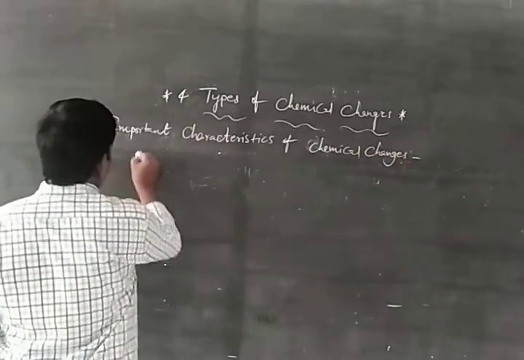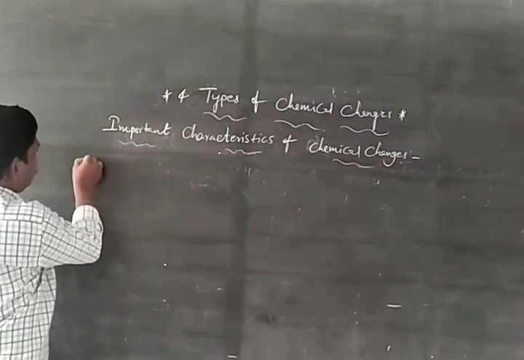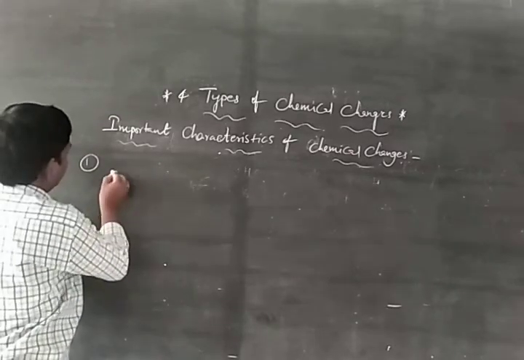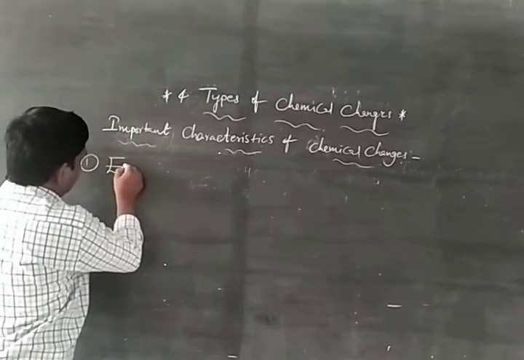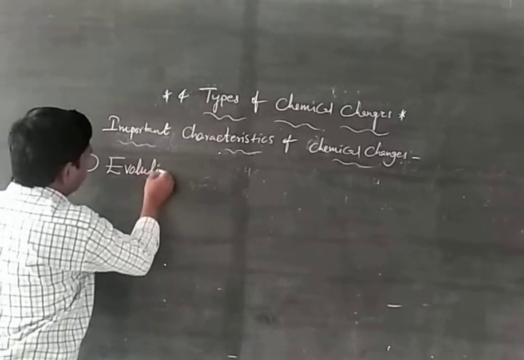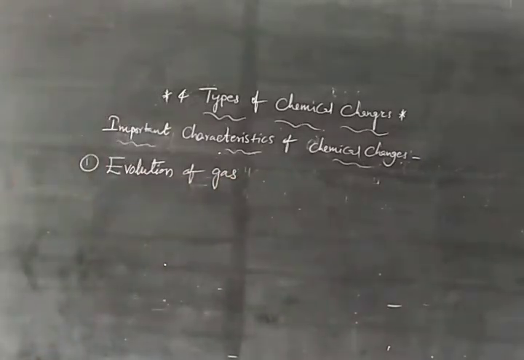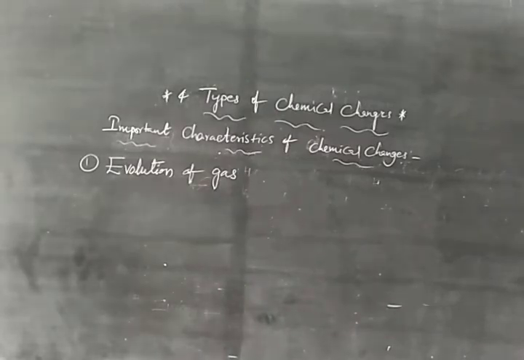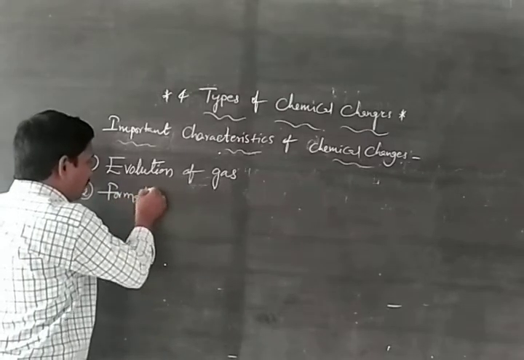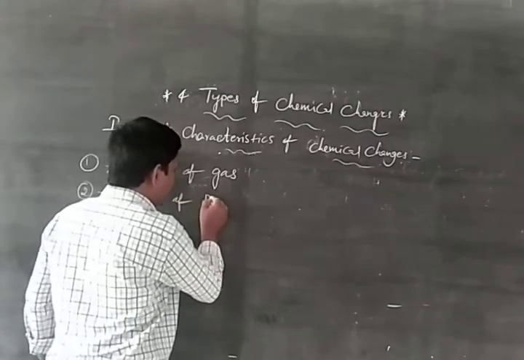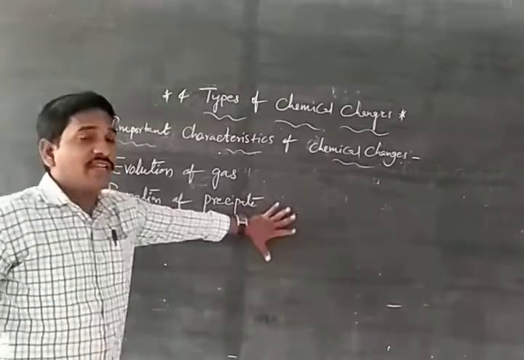Okay, the first one is evolution of gas and formation of precipitate, means residue, the remaining one, precipitate.